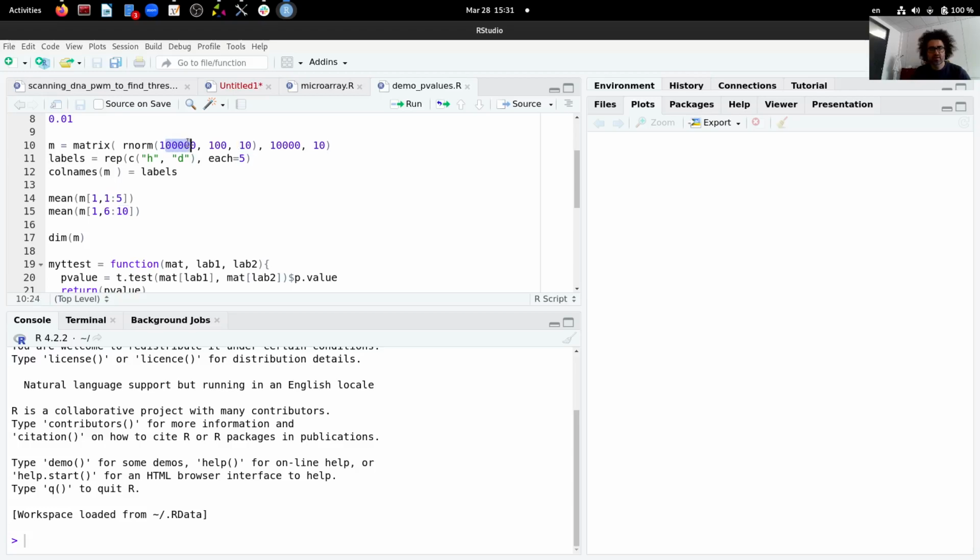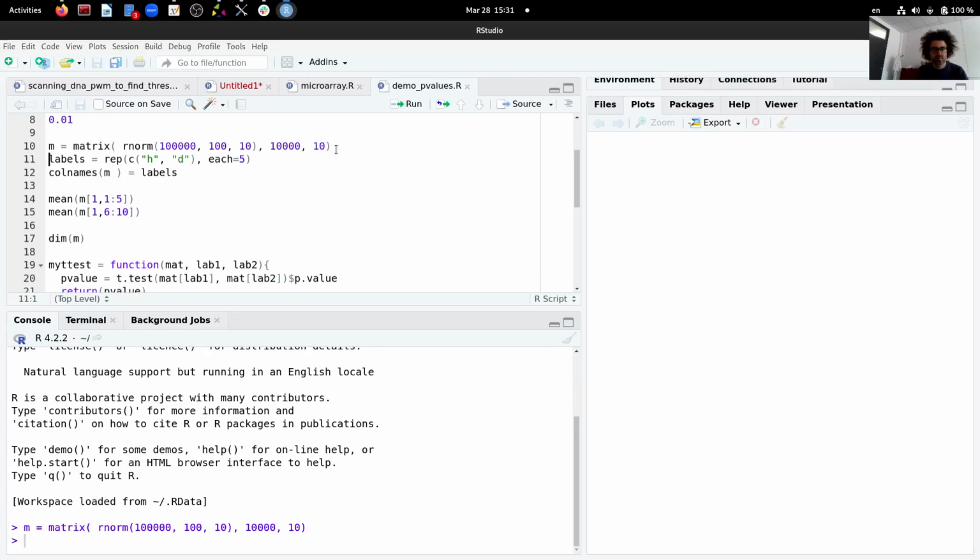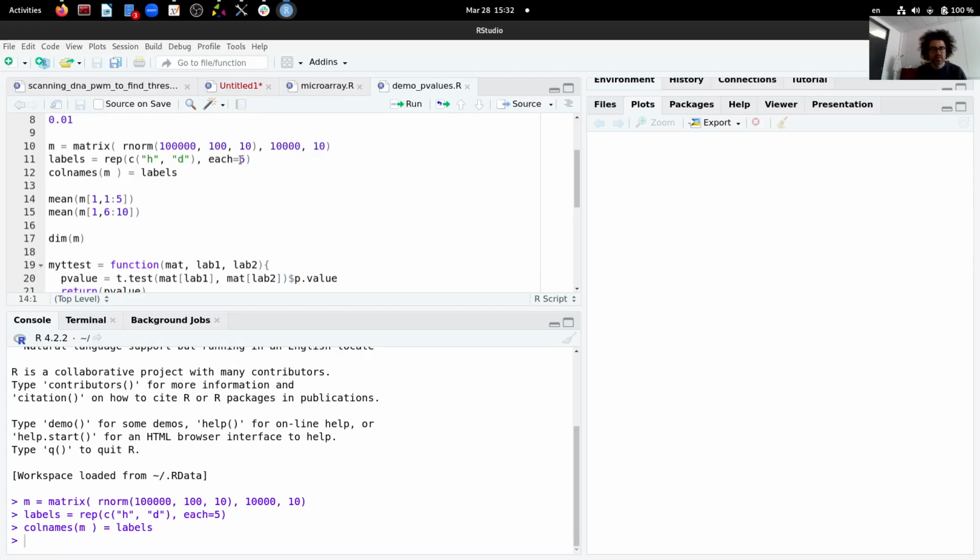And these 100,000 values are distributed in 10,000 rows and 10 columns, forming a matrix. Since I have 10 columns here, I assume that 5 of them are healthy and the other 5 are coming from the class disease. So I have 5 healthy and 5 sick people. But again, notice that each value on the table is coming from the same distribution.